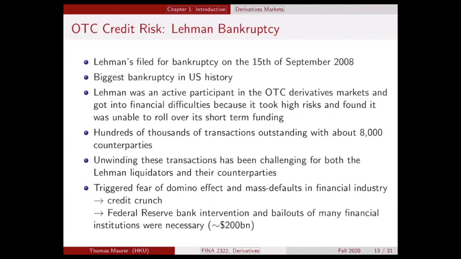So you can think of that in terms of, if I'm HSBC, I have maybe a few hundred transactions with Lehman Brothers. If they go bankrupt, first of all, they will not pay me anymore the money which I expected that they will pay me at some future point in time, which is painful for me because I lose some value directly. But on the other side, they also are not here anymore to trade in these derivatives, which maybe helped me to offset some other risks.